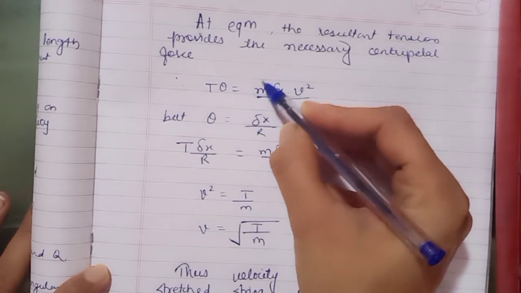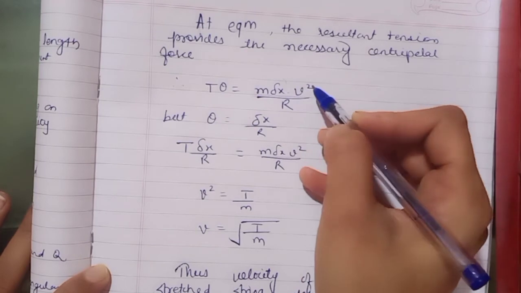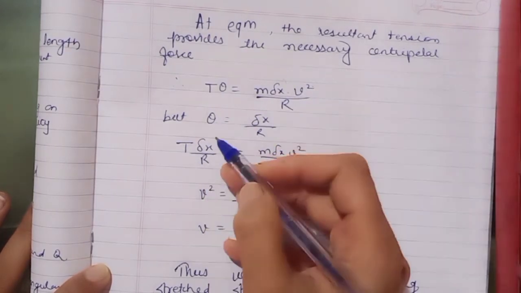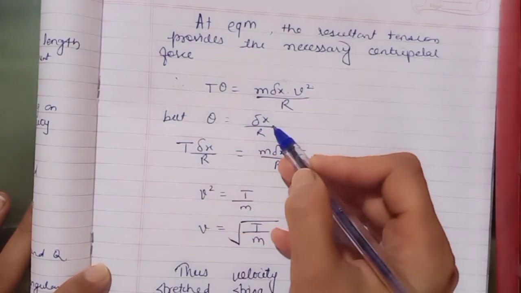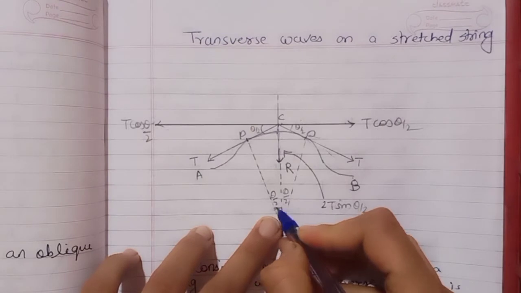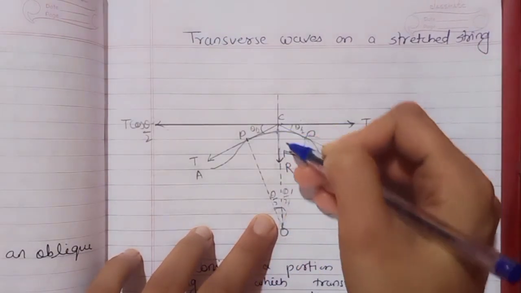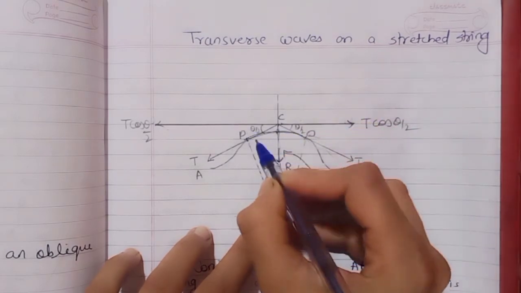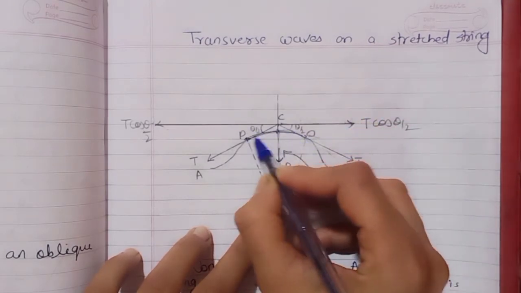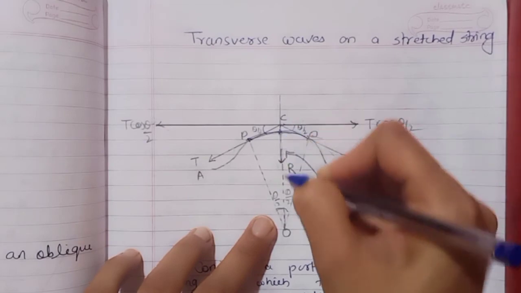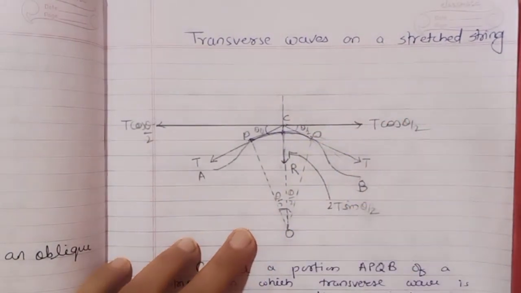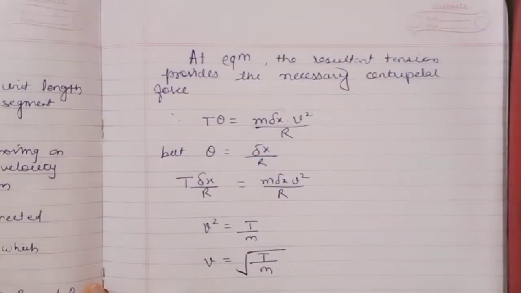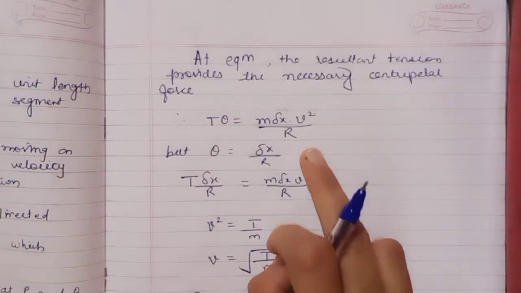Now suppose theta equals delta x upon r, since theta equals arc length upon radius. PQ is equal to delta x and this length is r. So we use that formula: theta equals delta x upon r.